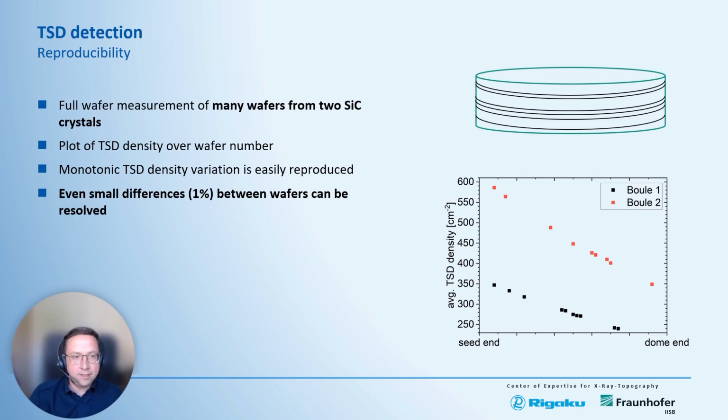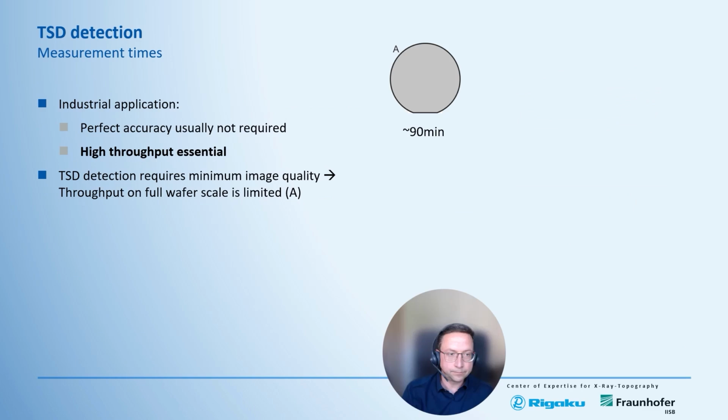And here you can see that we easily can extract the monotonic TSD density variation as it can be expected from seed end to the dome end, dependent on the tilt of dislocations, and even small differences, roughly about 1% between neighboring wafers, can be resolved, which is a great achievement.